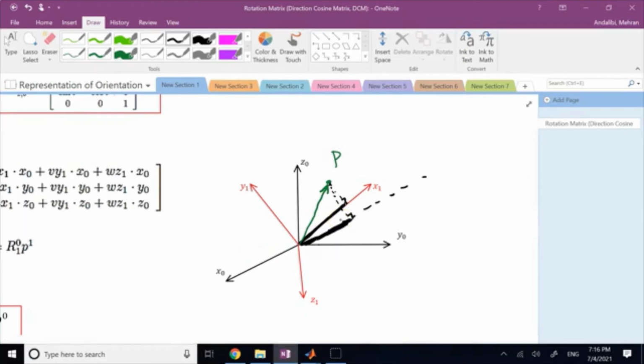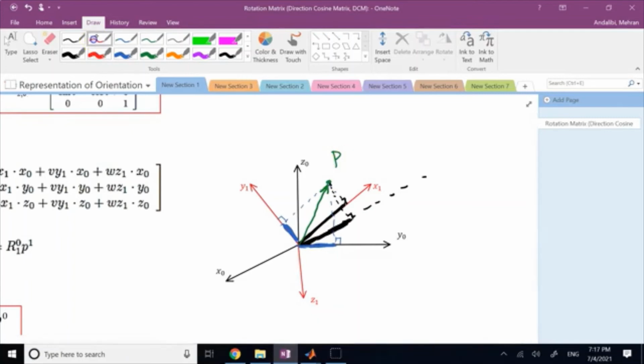Or if I say, what is y0 and y1, then again, you do something similar. You project it onto the y0 axis and y1 axis. So this guy here is going to be your y1. Then if you project it perpendicular to y0, then this one is going to be your y0. Okay, you see, maybe both of them are positive, but clearly the magnitudes are different. And the same thing for z0, right?